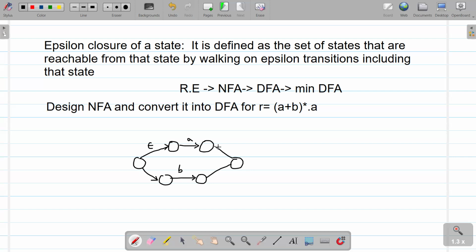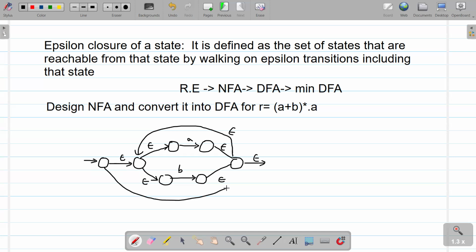So epsilon on both the sides. This is a plus b. Then it is star. So one epsilon after, one epsilon before, then one to repeat. So this is one to repeat and one to skip. (a+b)* means epsilon should also be included so that we can skip and directly move ahead.